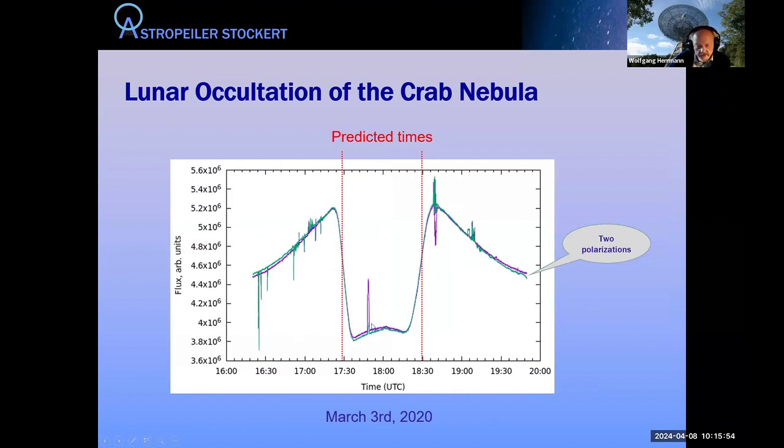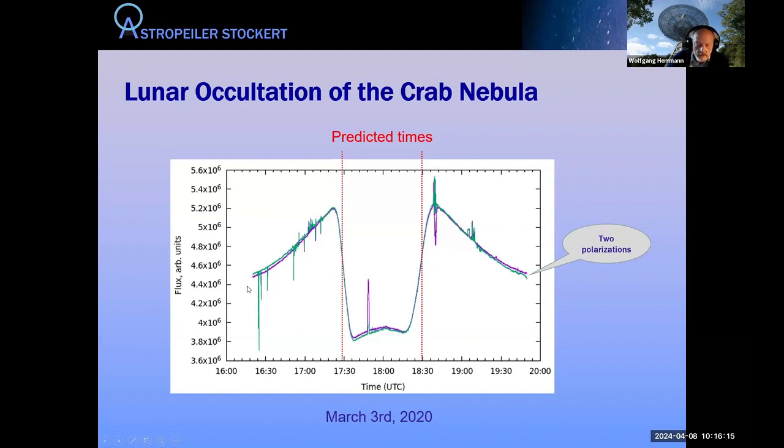Also here, this is an RFI spike. Same here, and lots of RFI over there. But still, there's a very distinct curve. The predicted times of the immersion and emersion are depicted here. So these are the expected times.